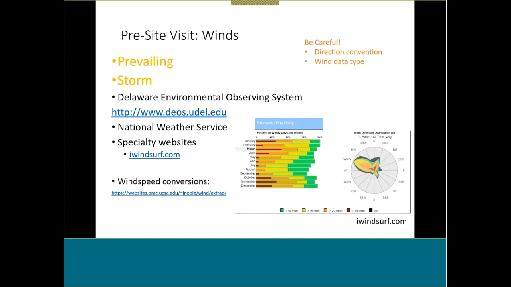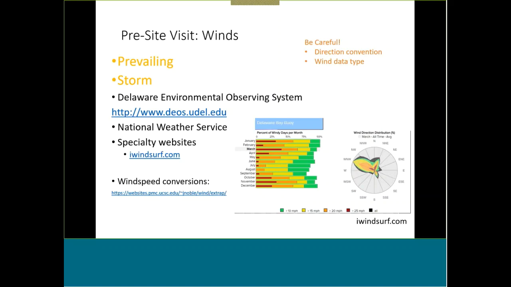But in general, resources I want to point out are the Delaware Environmental Observing System, DEOS, which has a good spread of gauges across the state and will allow you to request large, long history data sets. And also, we can recommend taking a look around for some specialty websites. There might be a website dedicated to sailing or fishing or something that includes information that's relevant to your project. We like this one for windsurfing because it does some of that data processing for winds.